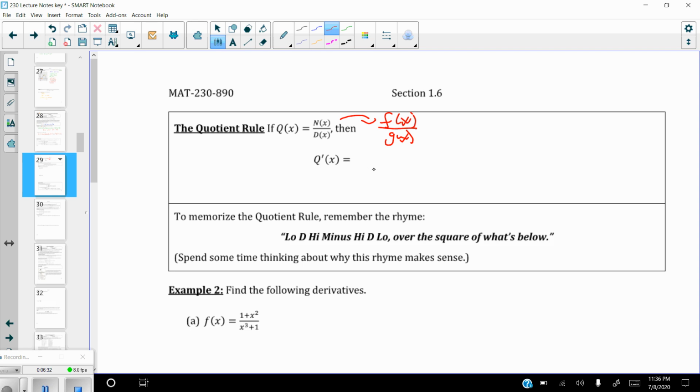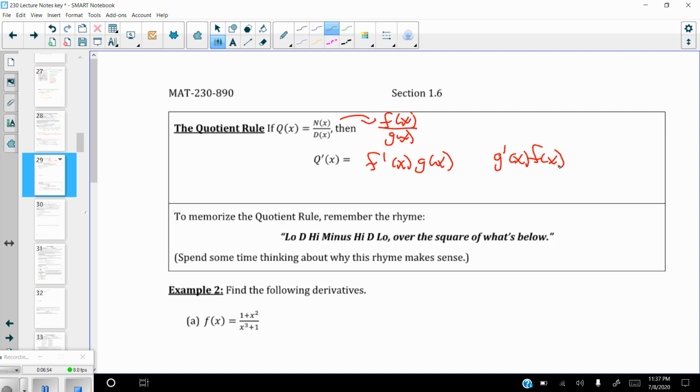So q prime is going to be the derivative of f times g, and then the derivative of g times f. Now you might hopefully look at that and say, well, wait a minute, we just did that. That's the product rule.